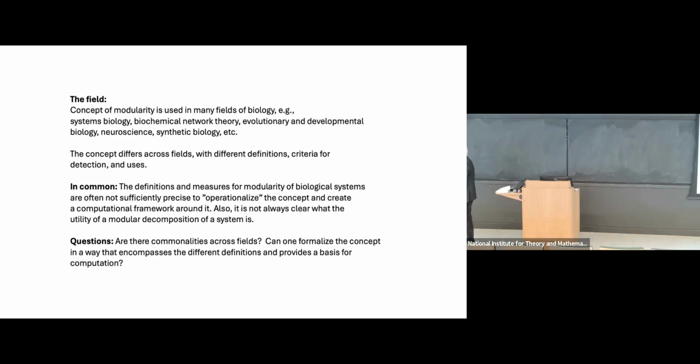And so some of the questions that we grappled with over the course of the week: what are commonalities across the different fields? And can one formalize it in a way that encompasses all the different definitions in the different fields as a general notion of modularity?